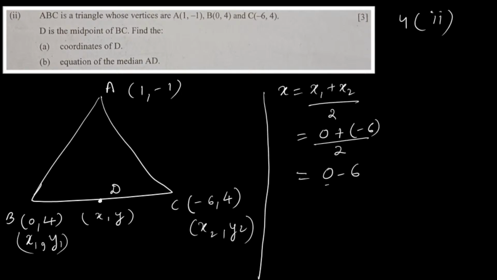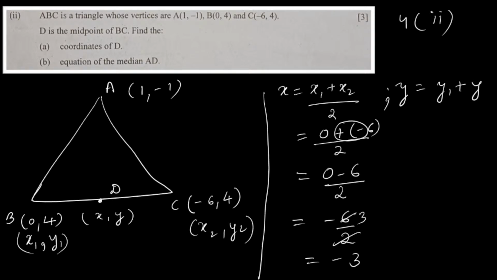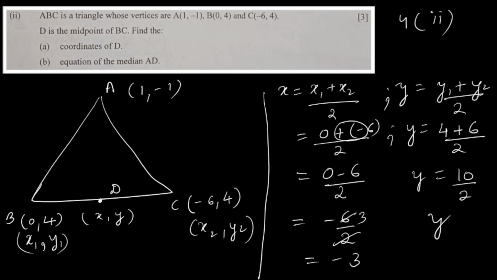So 0 minus 6 by 2, which is minus 6 by 2, equal to minus 3. Y's value we'll find now. Y is equal to y1 plus y2 by 2. Y1 is 4, y2 is 6. 4 plus 6 by 2. 4 plus 6 is equal to 10. 10 by 2 is equal to 5. So minus 3 comma 5.